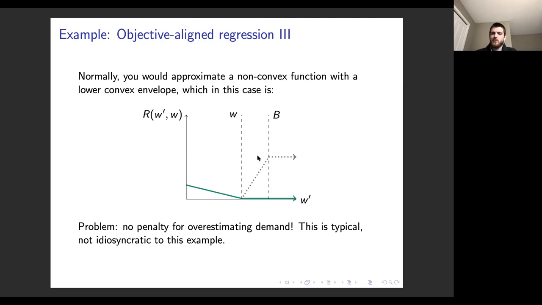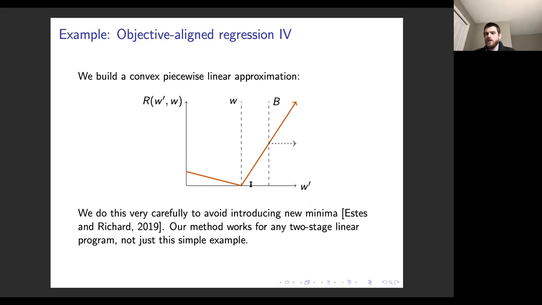But that's wrong. There is regret there, and it's just not calculating it. So we built a different approximation that in this case would look something like this. I'm not going to go through the details, but we very carefully build this approximation in a way that avoids introducing all of those new minima that the lower convex envelope introduces.